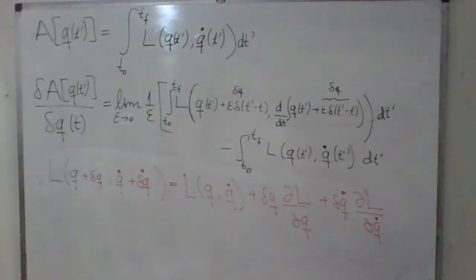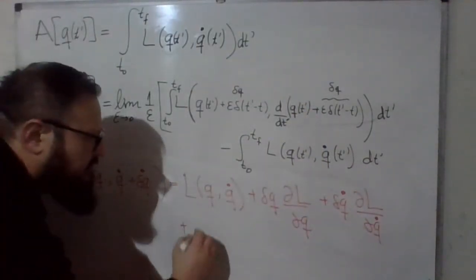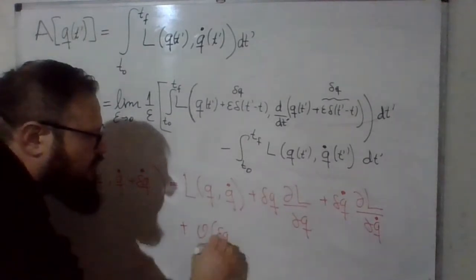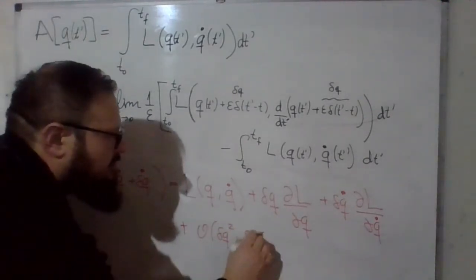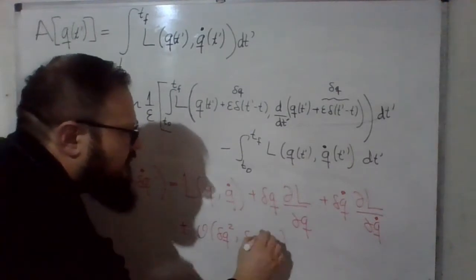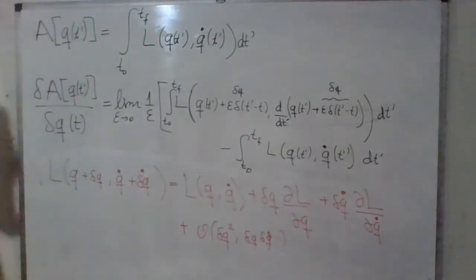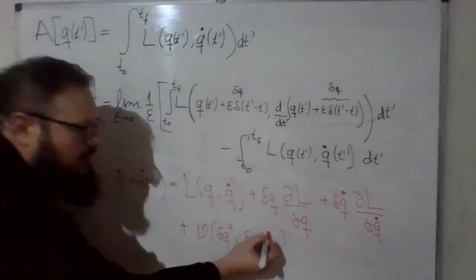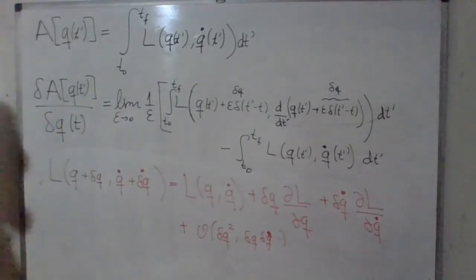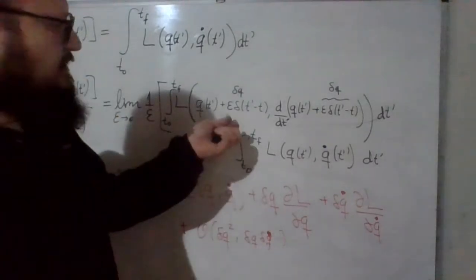All right, plus higher orders of delta q squared, delta q dot, and so on and so forth, and higher orders. But remember, this delta q depends on epsilon.